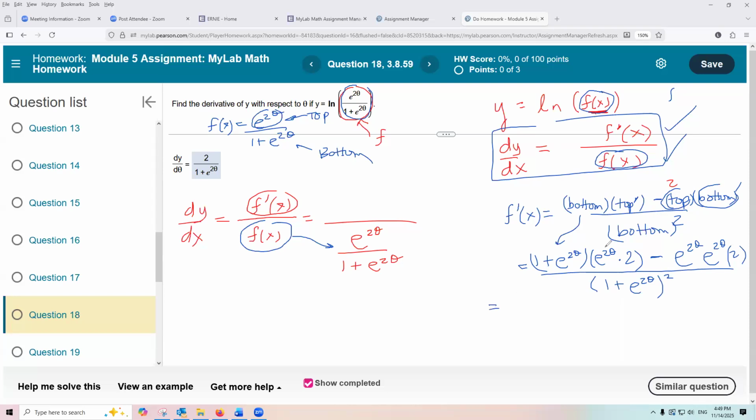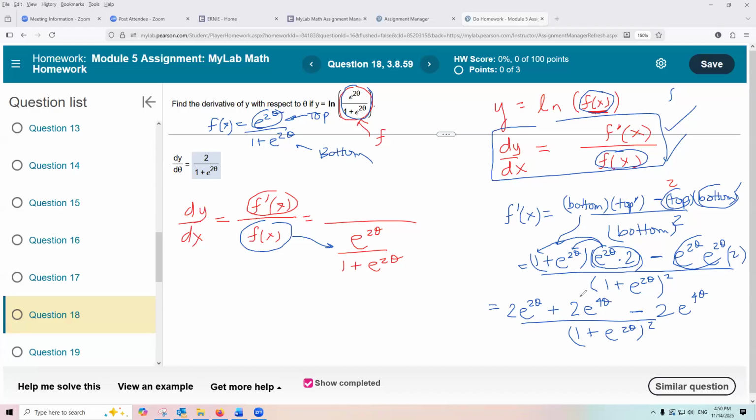All right, let me try to clean this up. This is 2 e to the 2 theta multiplying 1. And now this is 2 e to the 2 theta multiplying e to the 2 theta, so I think I can write that as e to the 4 theta. Minus 2, this is e to the 4 theta, over 1 plus e to the 2 theta squared.